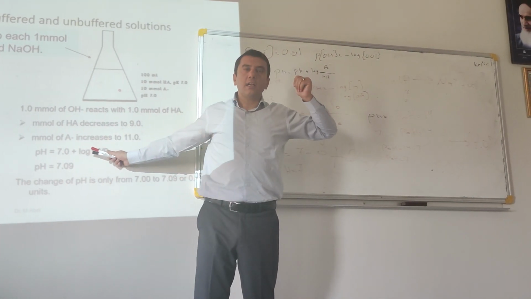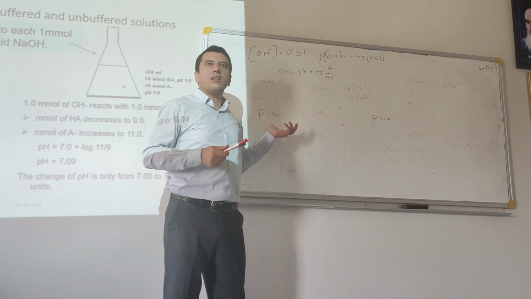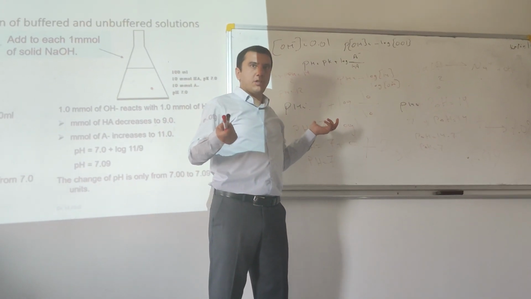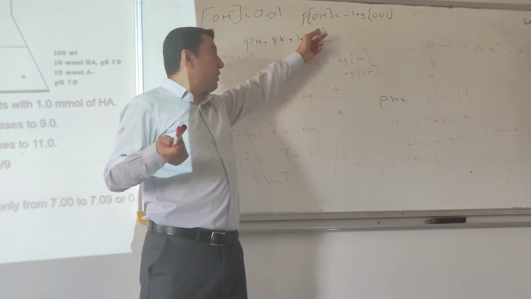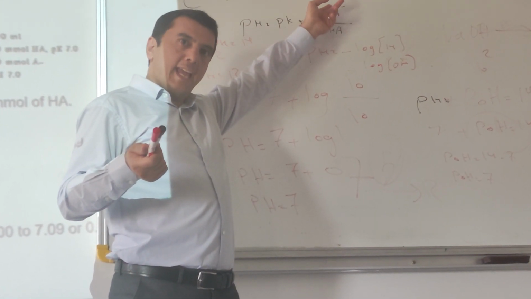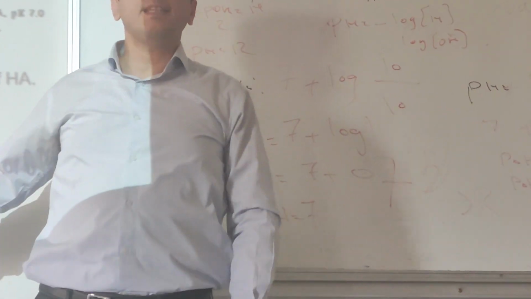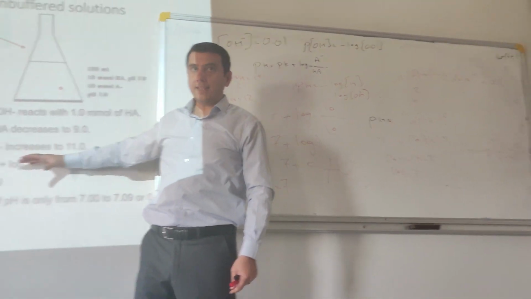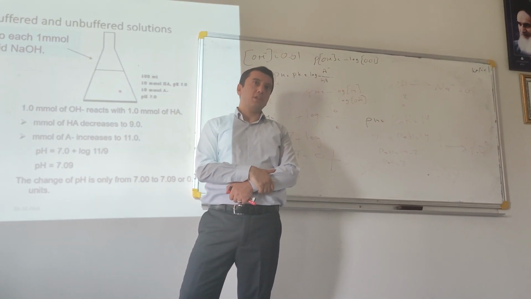Because here you have a buffer, not just a simple OH or H. You have a buffer with both sides of the equation, I mean, both acid and base. So you need to use the Henderson-Hasselbalch equation to solve this.